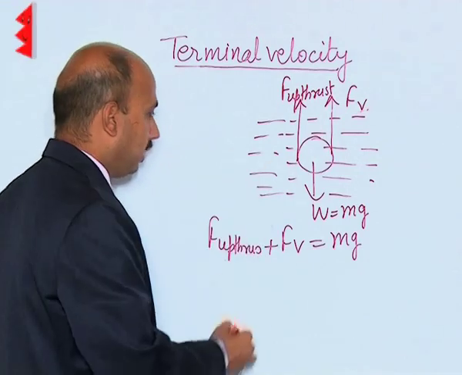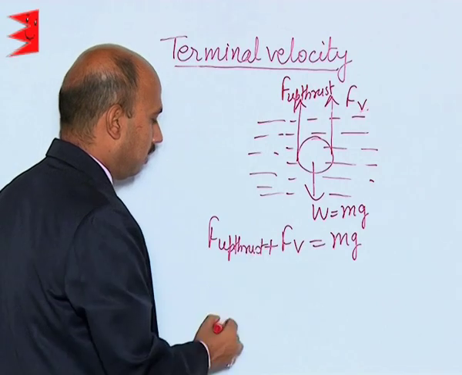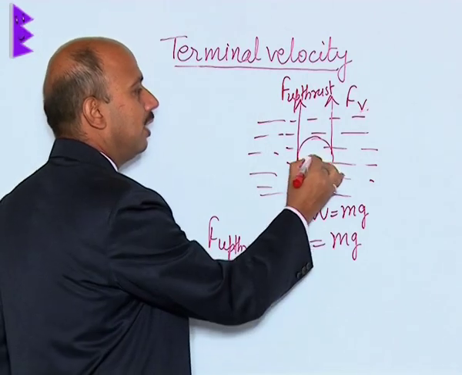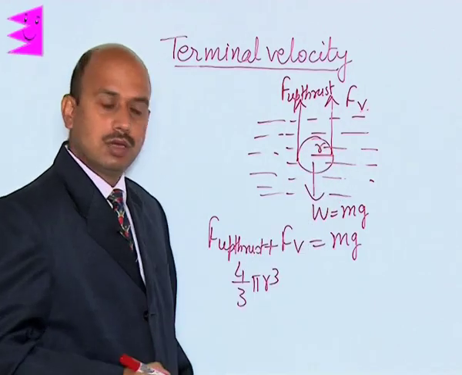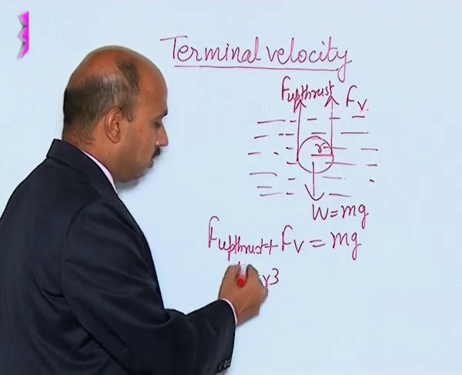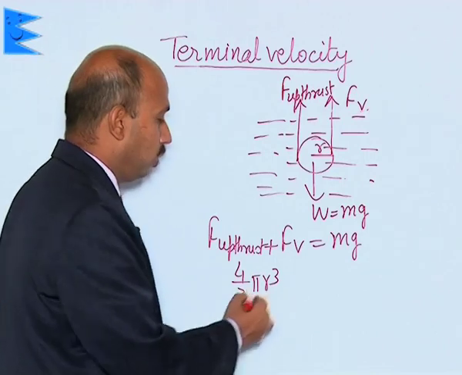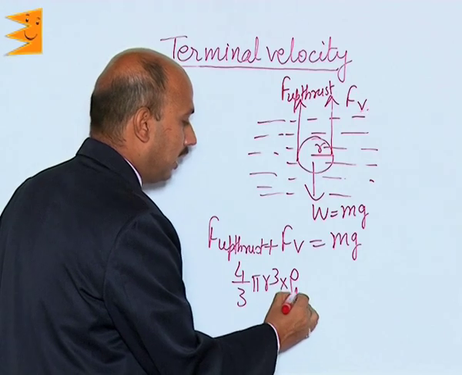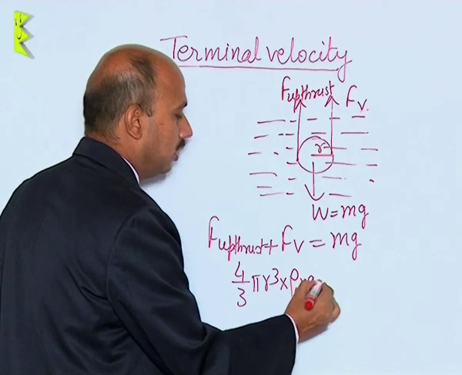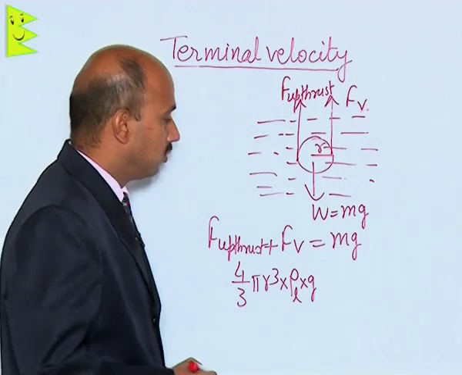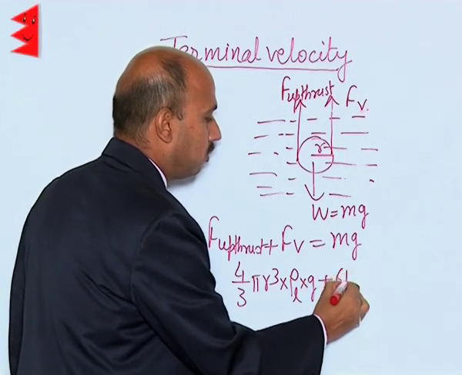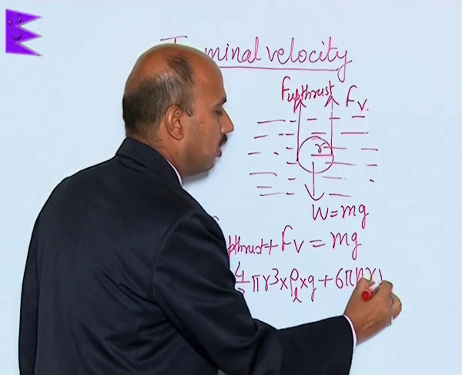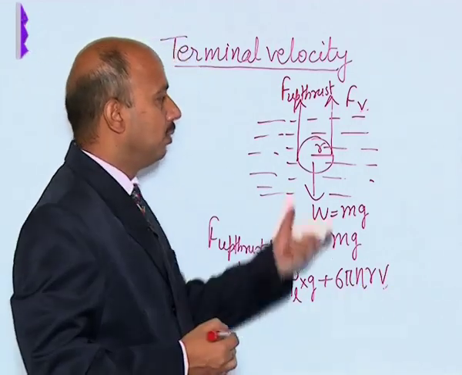Now, upthrust can be written as 4 upon 3 pi r cube, where r is the radius of this body. So, upthrust is equal to 4 upon 3 pi r cube, that is volume, into the density of the liquid, which I have written as rho L, into g. That is the upthrust force, plus 6 pi eta r v, where v is the velocity with which the body is falling.